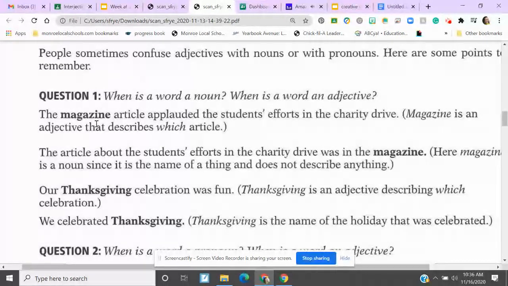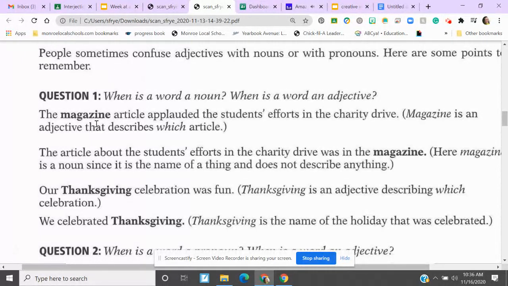However, when you read the sentence, the magazine article applauded the student's effort, what is magazine actually doing? It's describing the article, right? Without reading the sentence, you would probably put noun. But when you read the sentence, you see magazine is actually describing article. So in this sentence, it is an adjective.